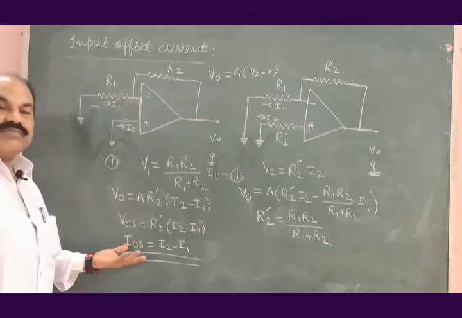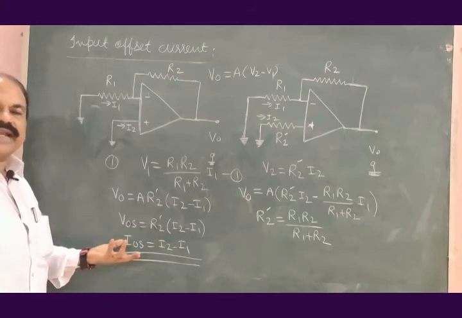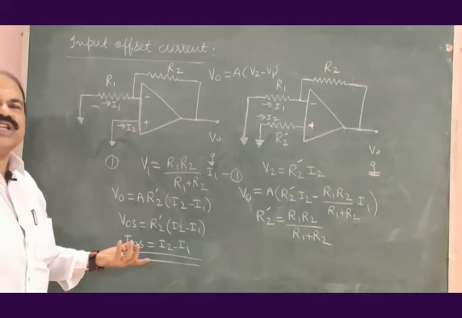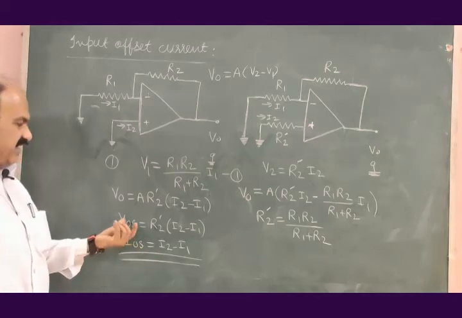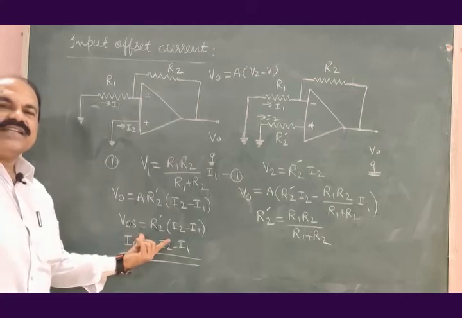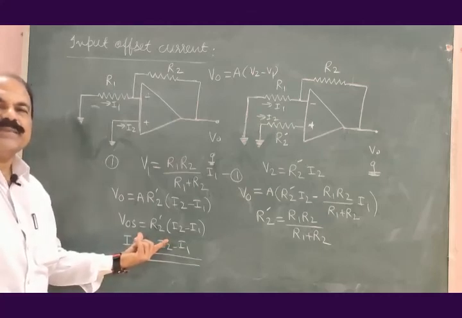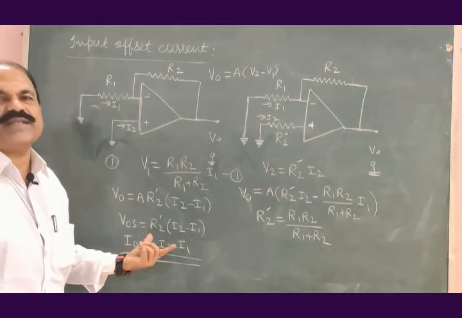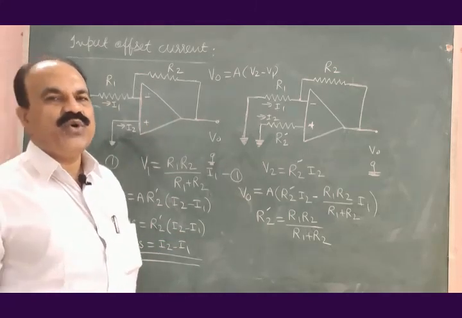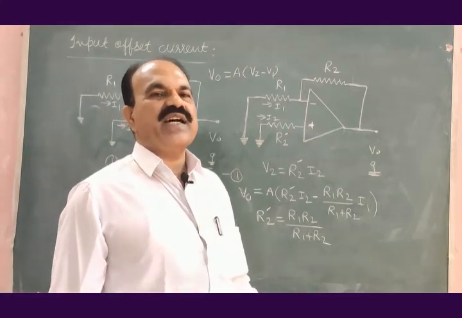So the finite output voltage developed at the output of the operational amplifier when both the input voltages are zero can be handled with the input offset voltage method, input offset voltage management, and the output voltage can be made zero when the inputs are zero.